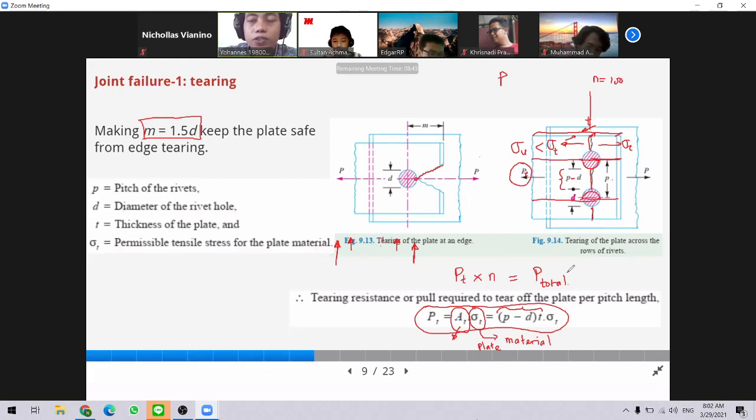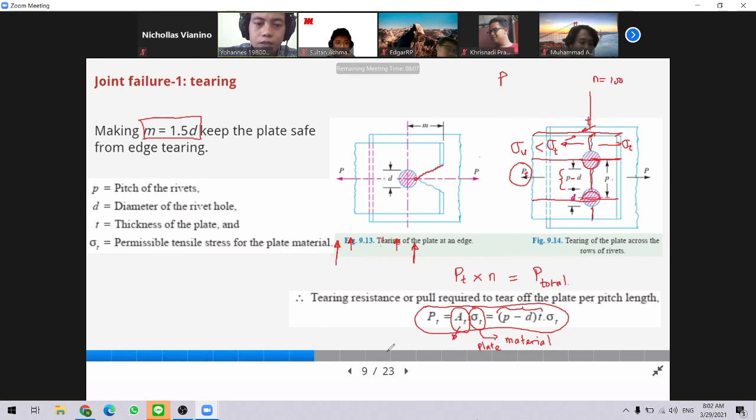And about the shearing effect, yes, we will discuss it later after this tearing. So this fracture on the plate due to tensile load is just one failure mode, but we have many failure modes for this rivet joint. I hope it helps you, Edgar. Yes, sir. Thank you very much. Okay, you're welcome.